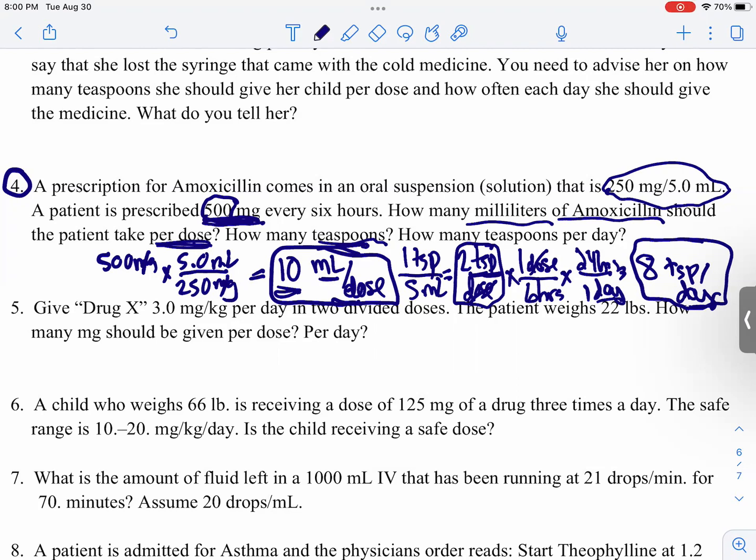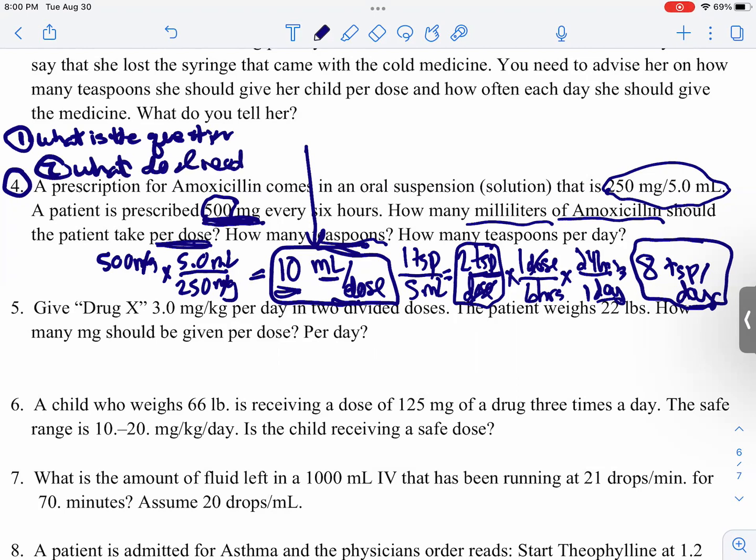So now I've done an extra one of all of these kinds of problems where you just figure out what is the question. Put yourself in the question. What is the question? What do I need? I like to start that way so I don't forget the units.